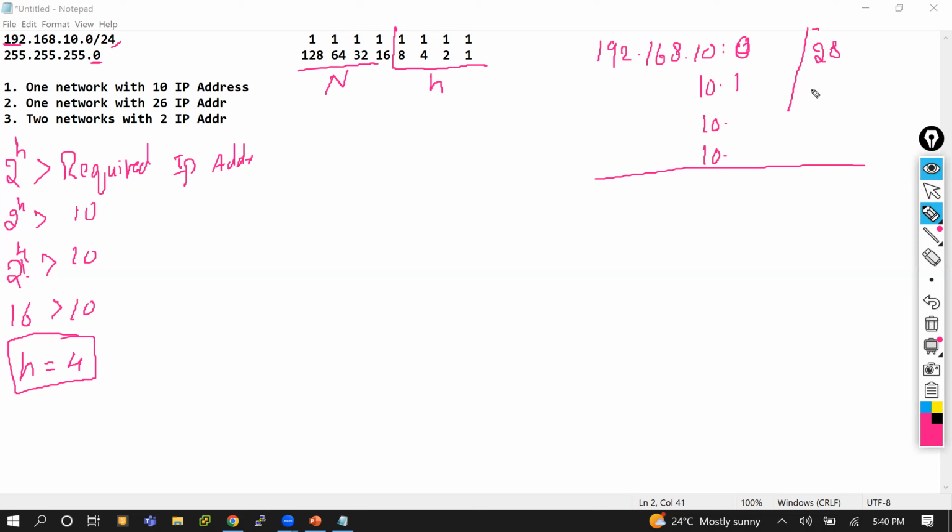Now, what will be the subnet mask here? 255 dot 255 dot 255 dot, what?